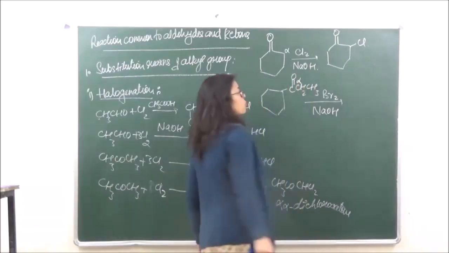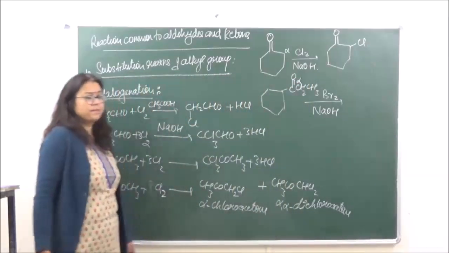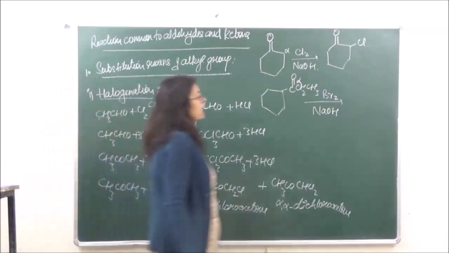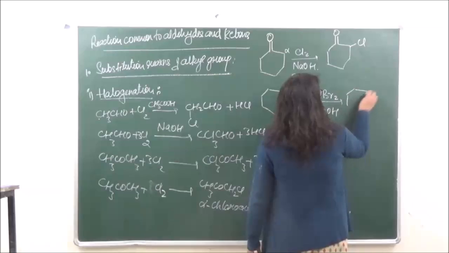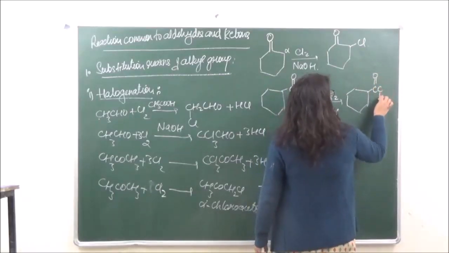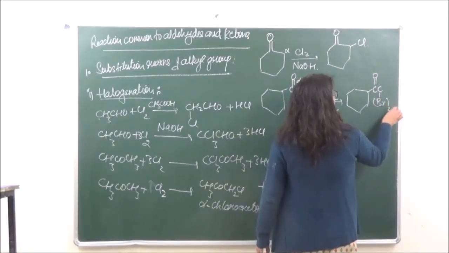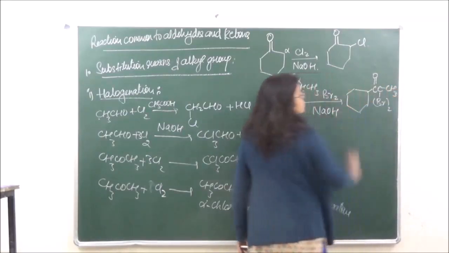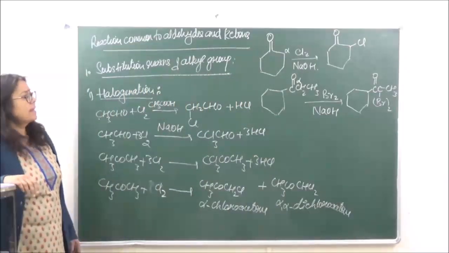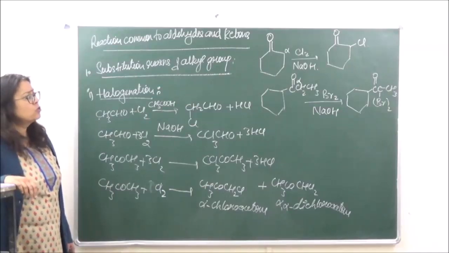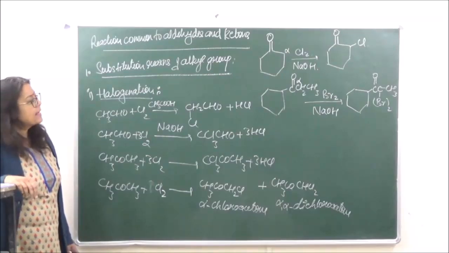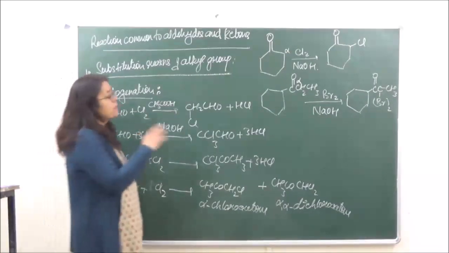Again remember, this is going to be the alpha carbon atom over here, so the alpha carbon atom is going to be substituted. The product which we will get, what is going to be the IUPAC name? 1-cyclohexyl 2,2-dibromopropanone.